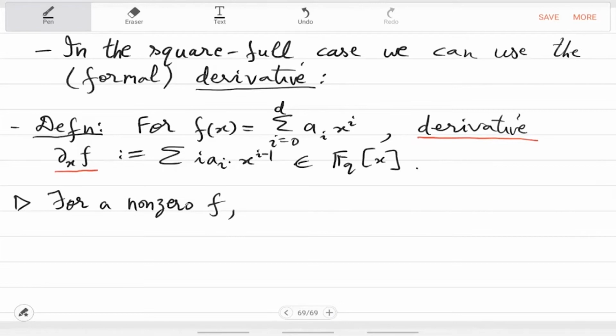So when is this derivative 0? What does it mean if the formal derivative of f vanishes? Yeah, sure.